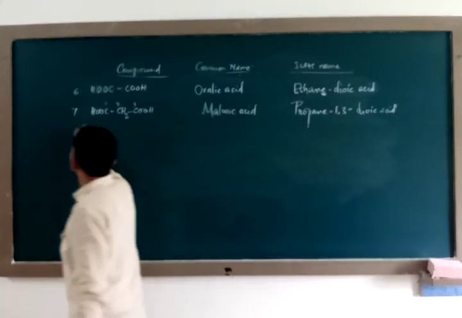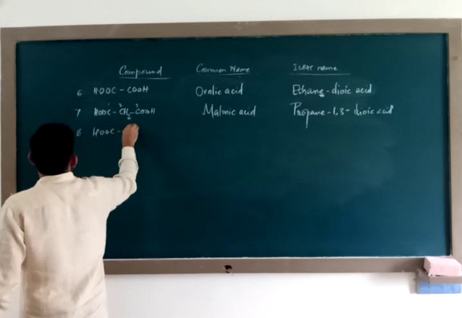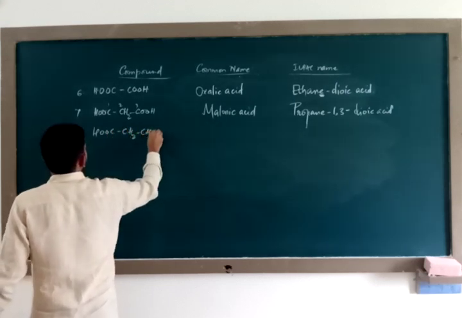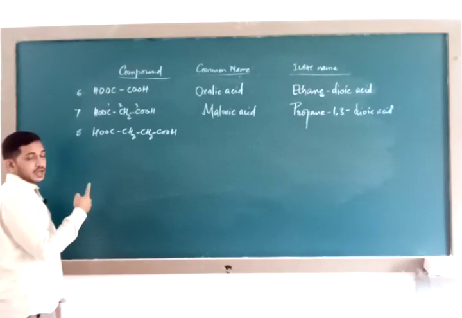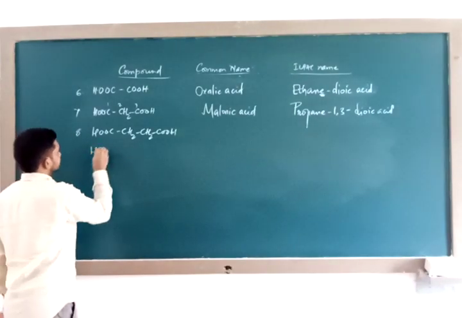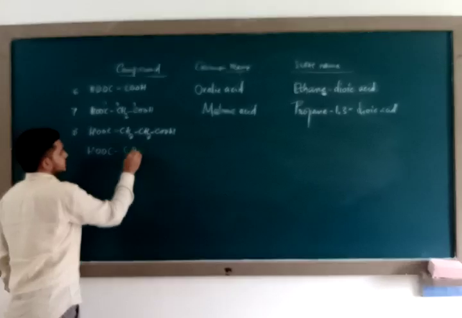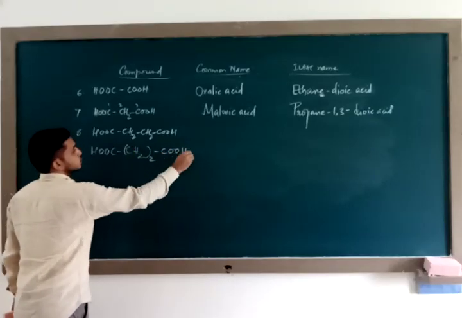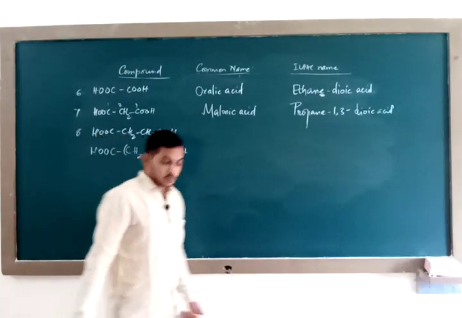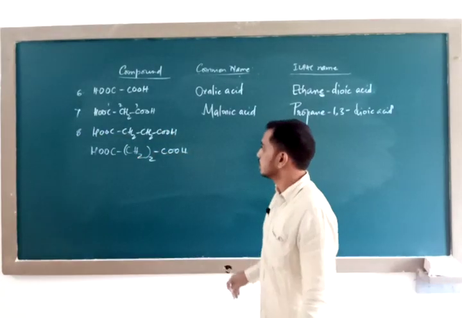Then this time introduce two carbons. You can write this compound either in this fashion or else. Since CH2 has appeared twice, you can write it two times. This is also correct. So what could be the name of this compound?